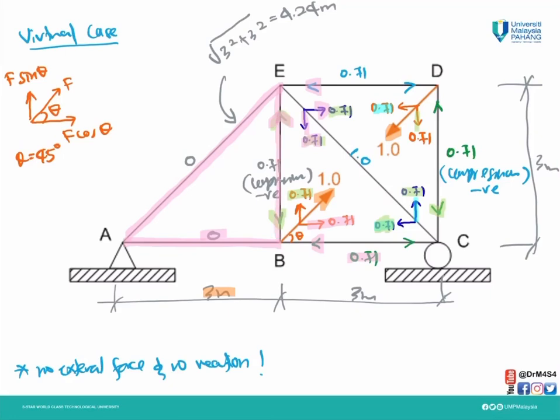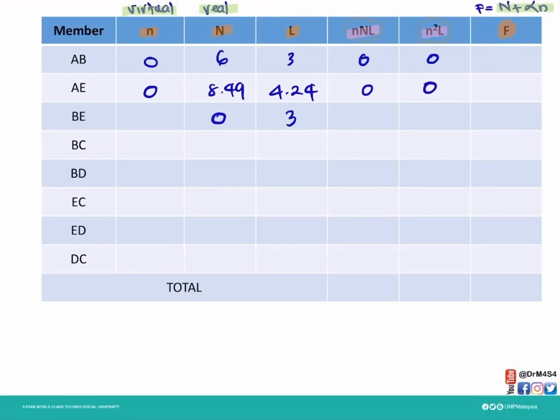The value for that is 0.71. Check again the arrow direction. Here, that's for compression. When it is compression, the value for that is negative. So negative 0.71. Next, find value for small n times NL.